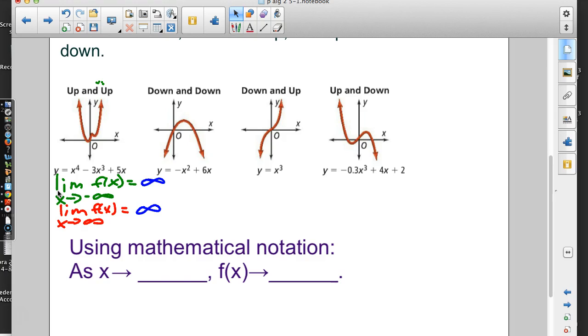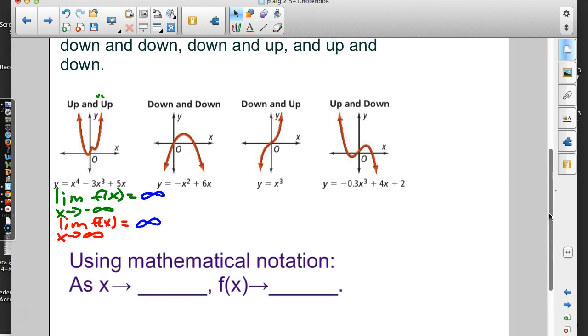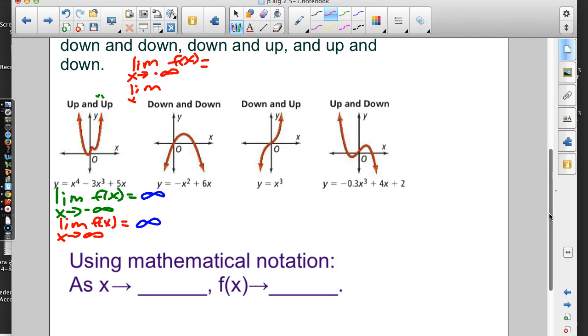So for the next one, limit as x approaches negative infinity of f of x, my graph is going somewhere, and limit as x approaches infinity of f of x, my graph is going somewhere. So that limit notation is exactly the same every time. The only difference is what you put after the equals. What you see determines whether it's going to be infinity or negative infinity.